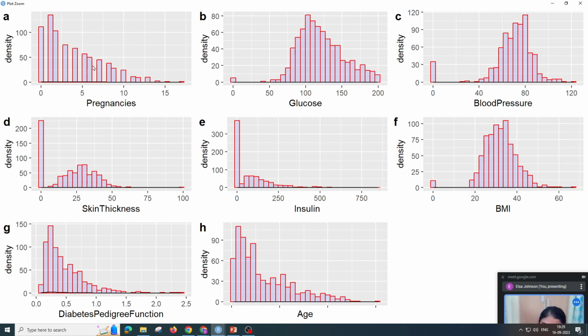You can see how the distribution looks, because this is a density plot also. This one is kind of right skewed. Now this is kind of looking like a normal distribution. Here also some distributions, but some outliers are there. So you can see the distribution of data in this particular plot.